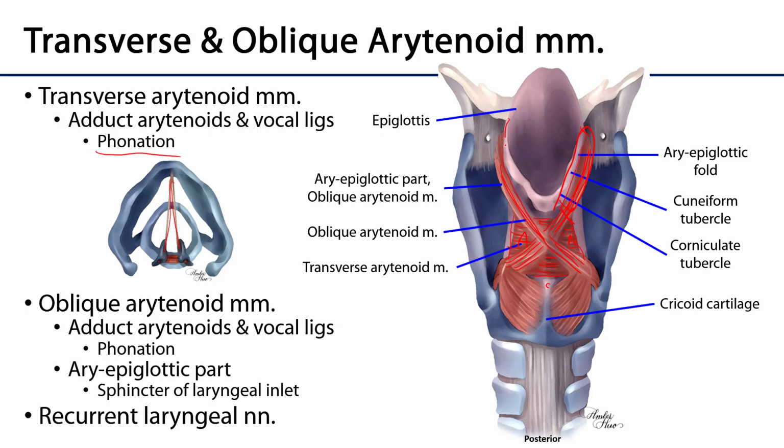Now, the two of these muscles actually help to form a partial sphincter around the laryngeal inlet. So they can help decrease the size of the laryngeal inlet to produce a more powerful or a greater velocity of air as it exits from the larynx. The arytenoid muscles, like nearly all of the other intrinsic laryngeal muscles, are innervated by the recurrent laryngeal nerves.